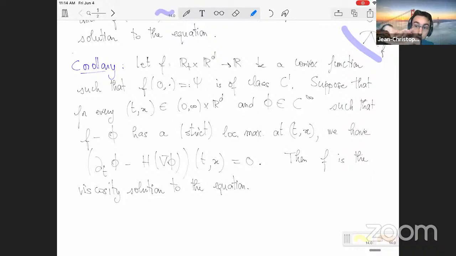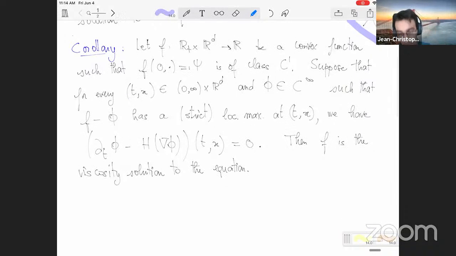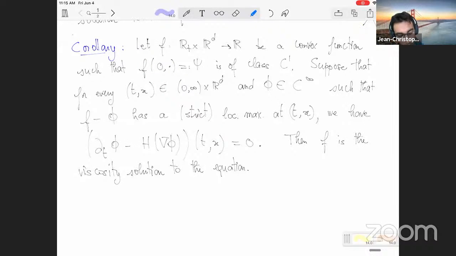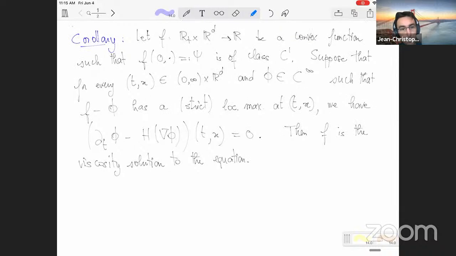So at the contact point, the function is essentially C2. If that language talks to you, it's a C^{1,1} function at the contact point. This will be convenient later for the argument. That's why this corollary is nicer: when you touch from above, you have more regularity properties at this contact point.